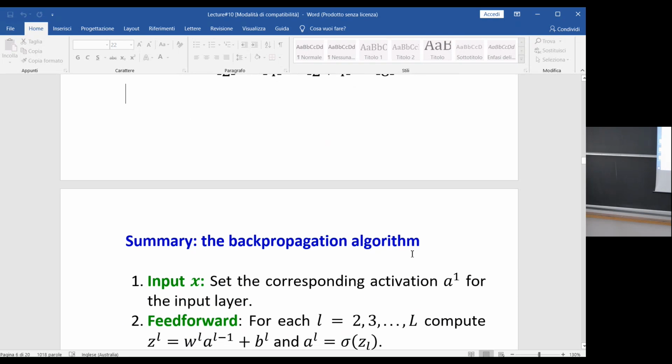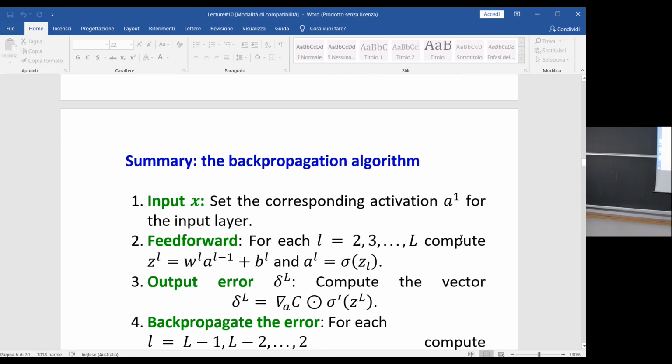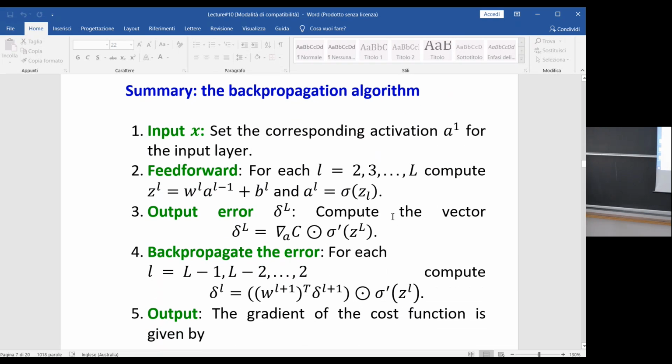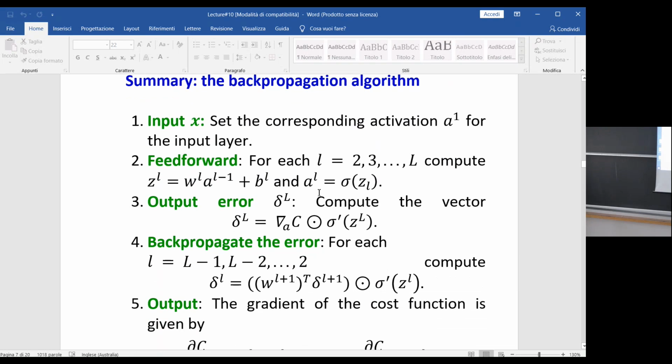Now, let us summarize the backpropagation algorithm. First of all, we consider the input x.